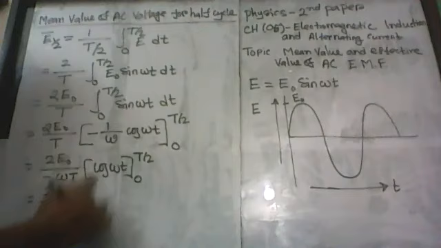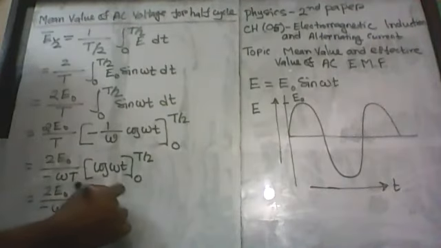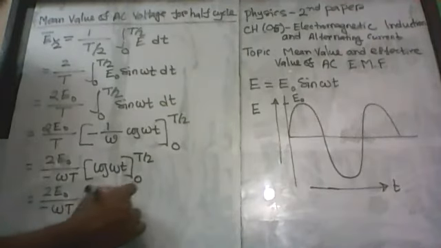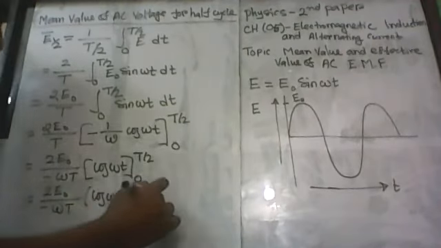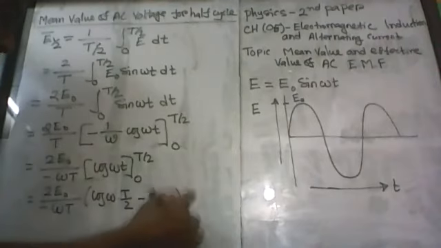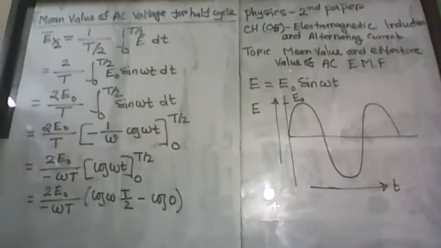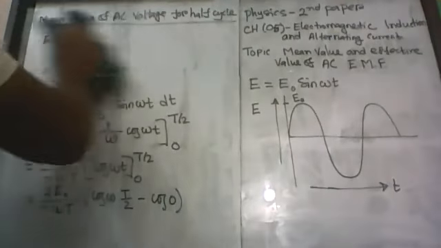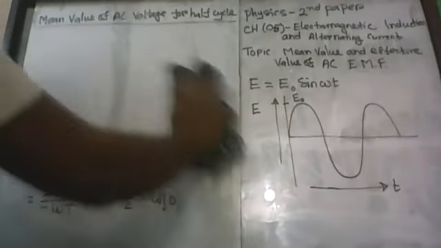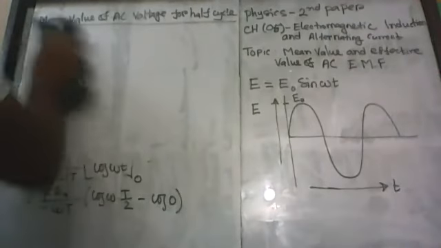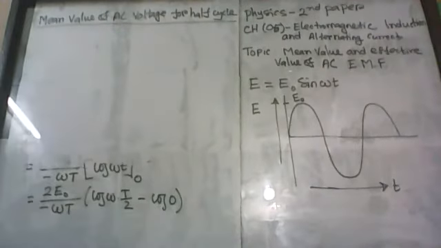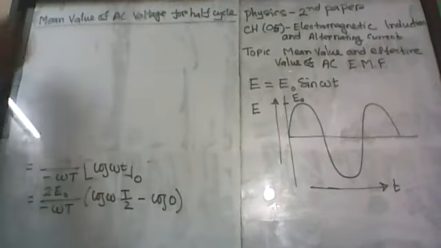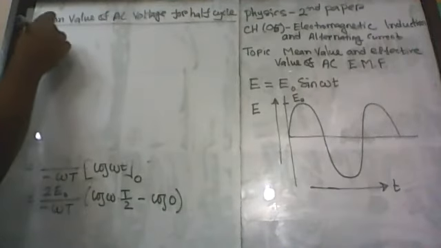Then cos omega capital T is replaced here, and then cos 0. Now I'm going to erase the upper part of my board. So I'm just finding the mean value of electromotive force for the case of half cycle.